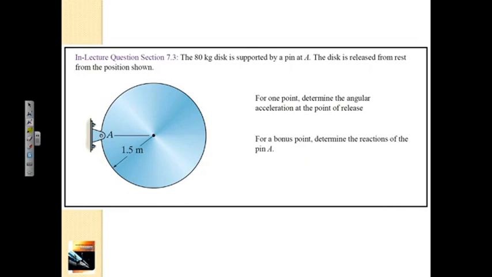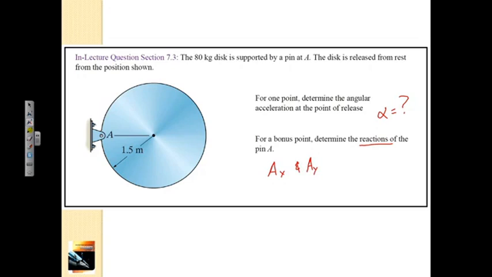All right. So here we've got an 80 kilogram disc supported by a pin at A. The disc is released from the position shown. Figure out the angular acceleration and determine the reactions at A. So the reactions at A might look like AX and AY.